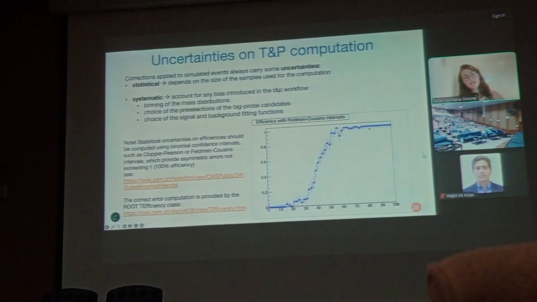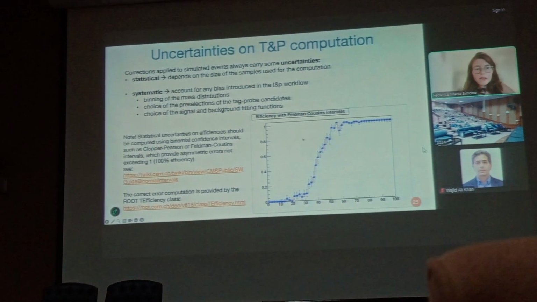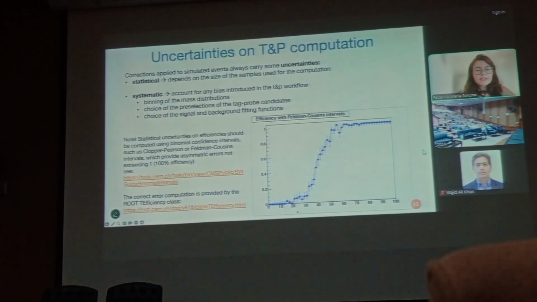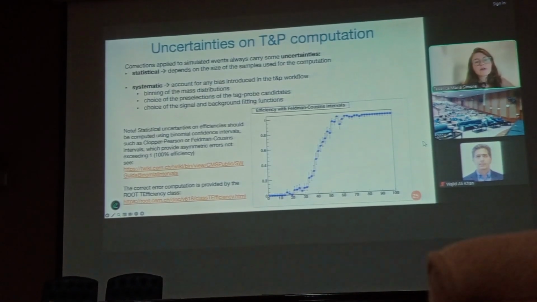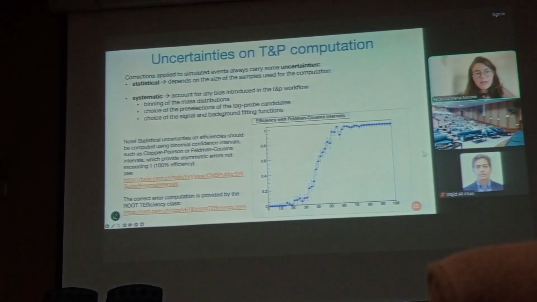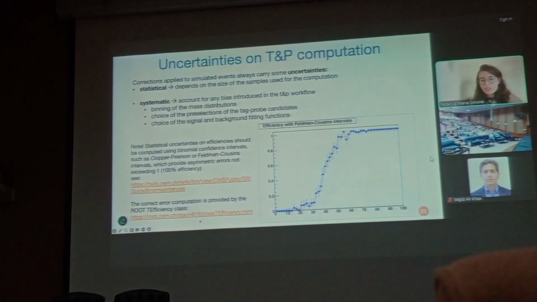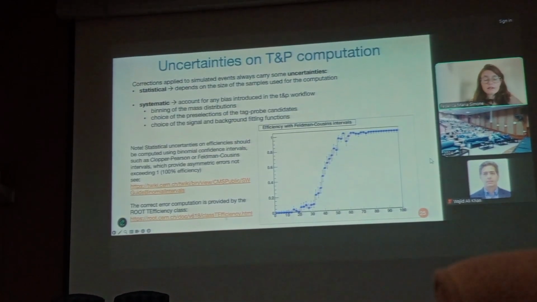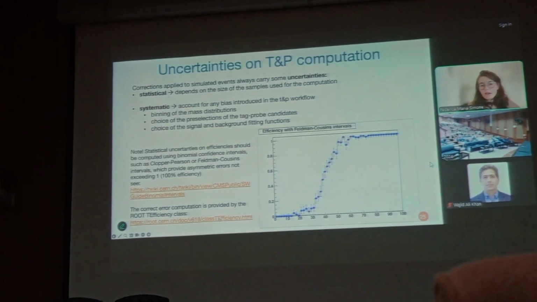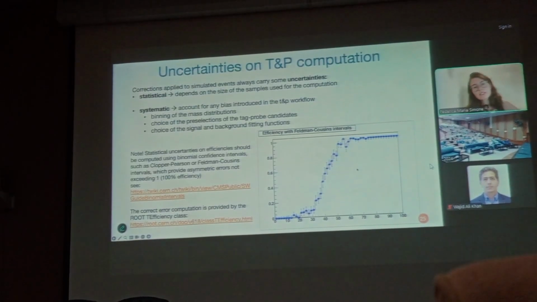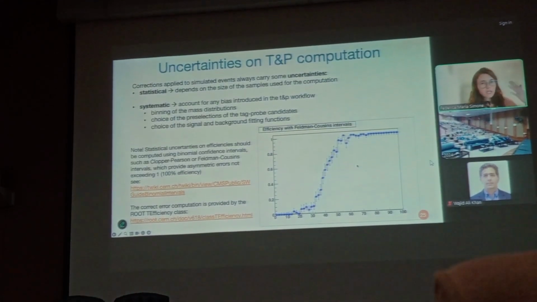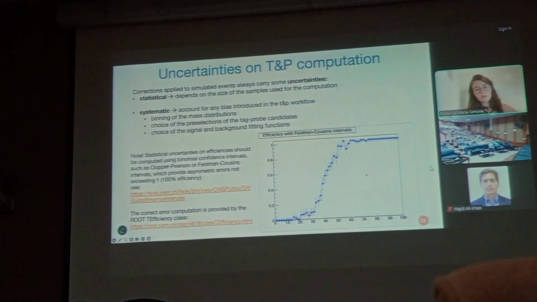The correct way to evaluate these uncertainties is using binomial confidence intervals, which is already implemented for you in the TEfficiency class in ROOT. So you can look at how it is implemented and use the same in your analysis. And this is useful for any measurement you are doing, also in the lab, whenever you deal with efficiencies.